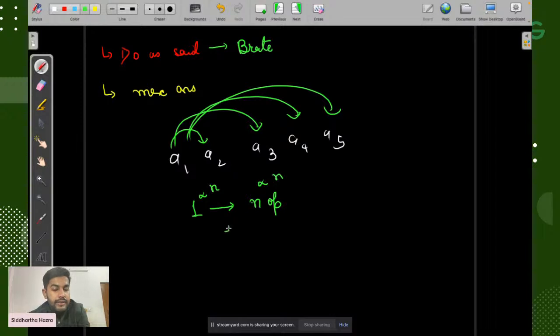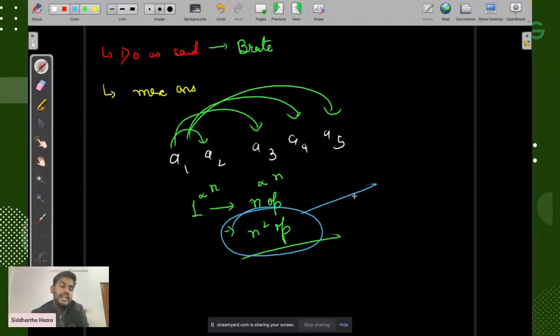Multiplying n on both sides would be n square operations. And as you know, mathematical operations, that is addition, subtraction, multiplication and division, take constant time, so n square operations are needed. The number of elements go up to 10 to the power 5.